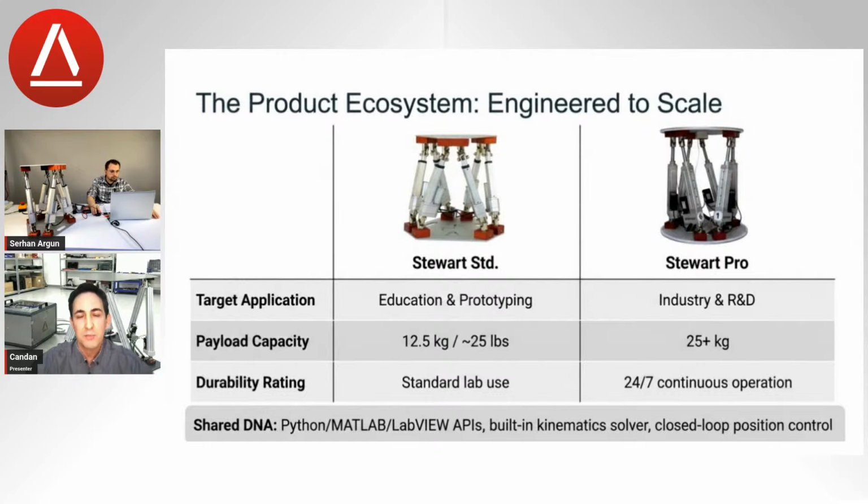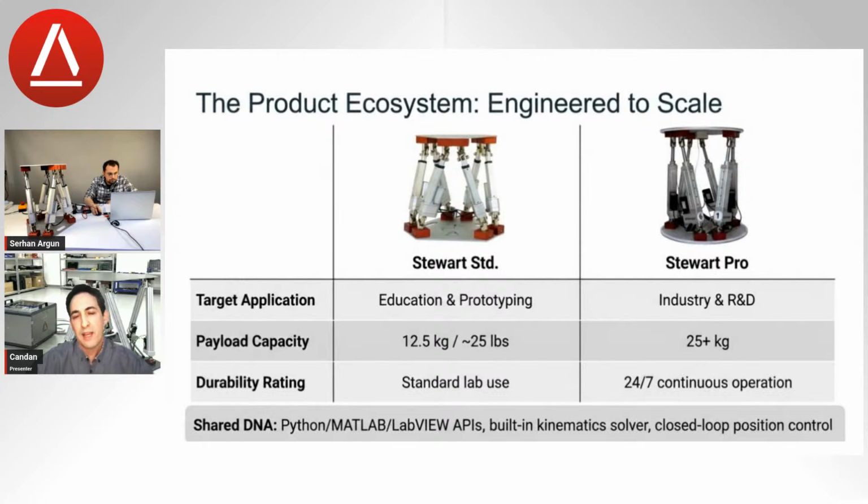The standard platform is widely used for educational purposes and small prototyping activities. It has a fairly low payload capacity, and the components are meant for standard laboratory usage, not for outside or extreme harsh conditions.